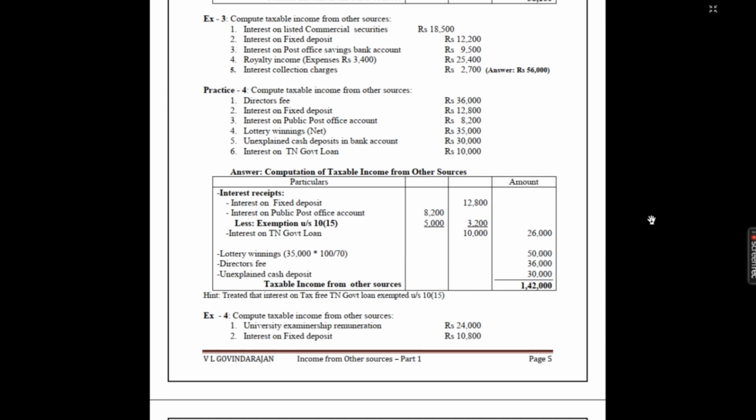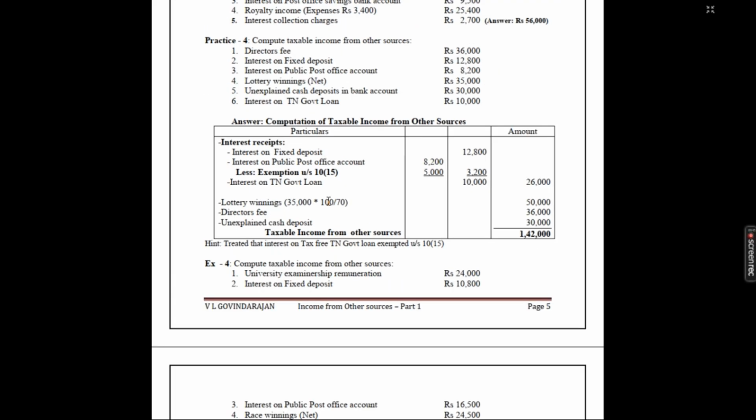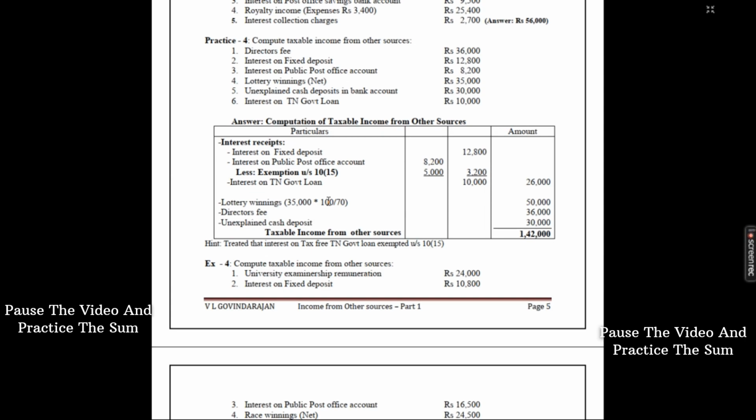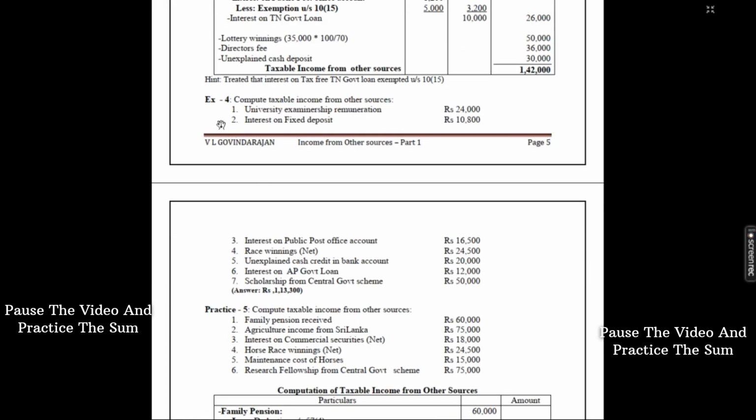So the total taxable value will be 1,42,000. Okay. Next, in the same pattern, the students can practice exercise 4. The answer will be 1,13,000.